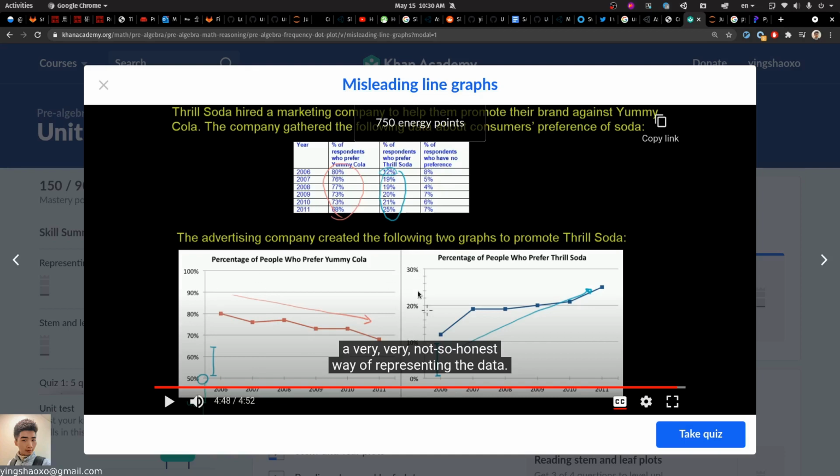If two graphs use different scale strategies, then they are not comparable. If we want to compare two graphs, we need to make sure that they have the same scales, and it's better to print out both of them inside of the same graph.